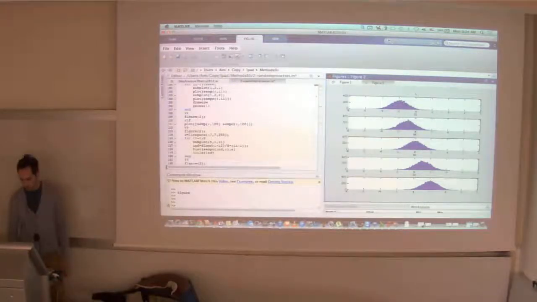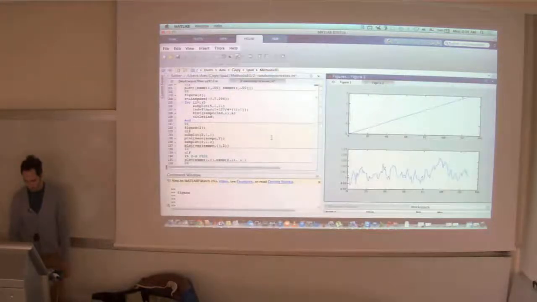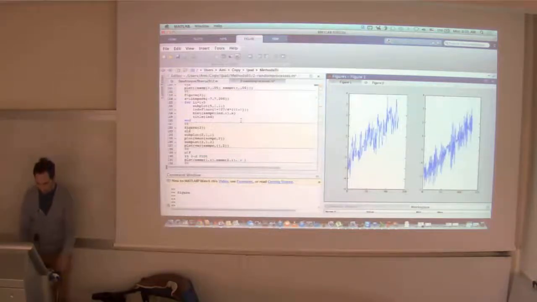So the noise seems like it's constant in time. And this is, again, as we saw just before, the mean of the signal, and this is the variance of the signal. It looks exactly as we saw just a second ago.